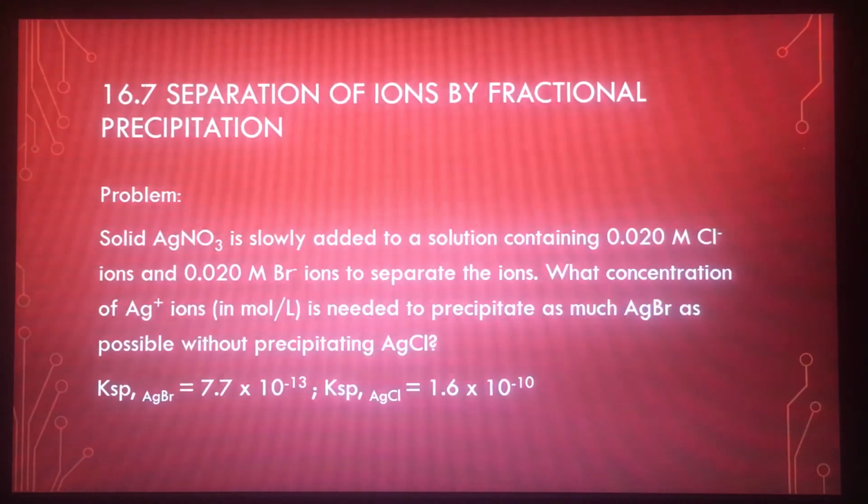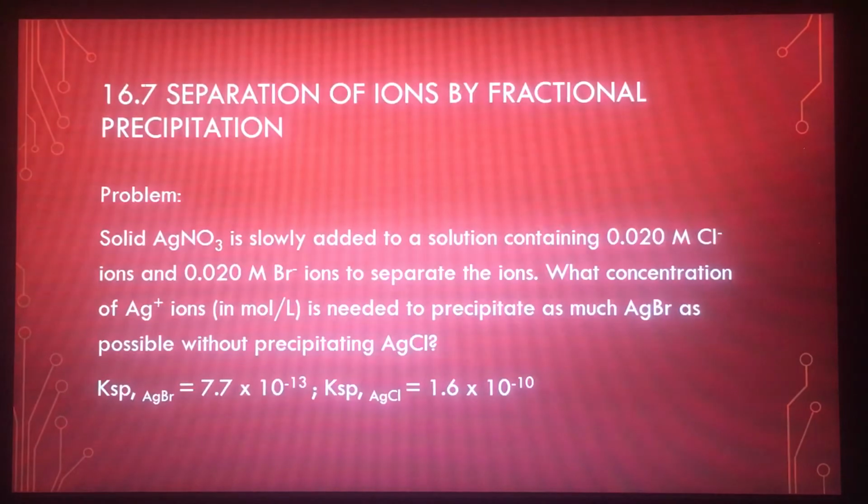We will use silver nitrate, since silver chloride is insoluble in water, thus it will precipitate out in the solution, as well as silver bromide. It is also insoluble in water, thus it will precipitate out in the solution. So how do we get first the silver chloride or the silver bromide?